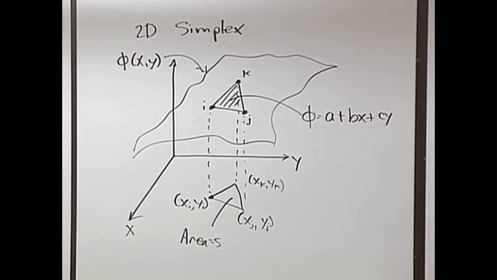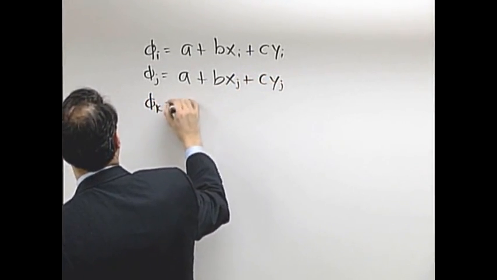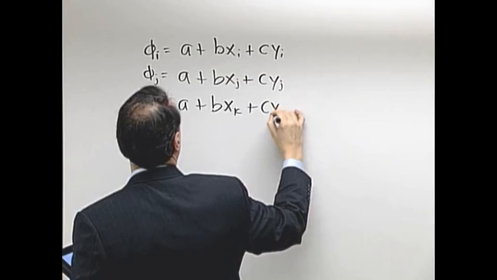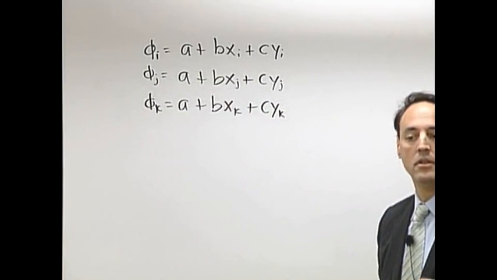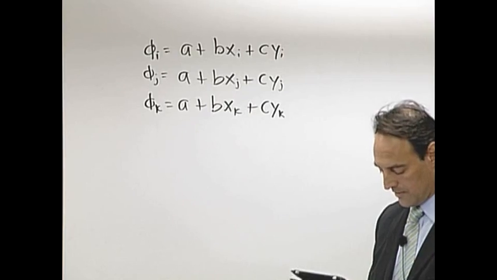It also has to go through psi j, A plus B xj plus C yj, and also has to go through k. Okay? So, 3 equations, 3 unknowns. Pretty easy to solve for.